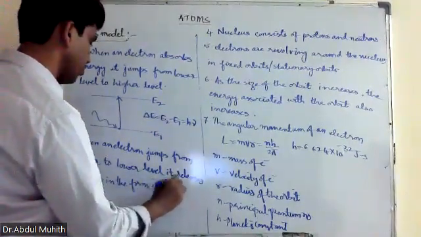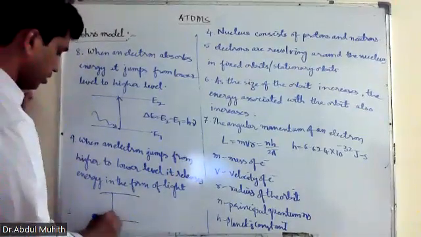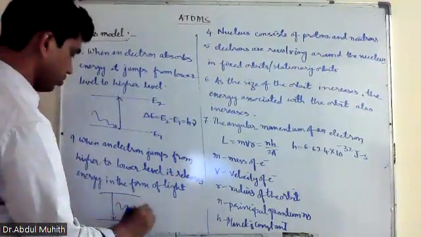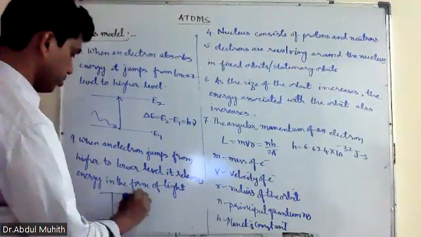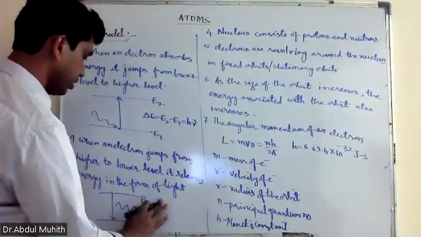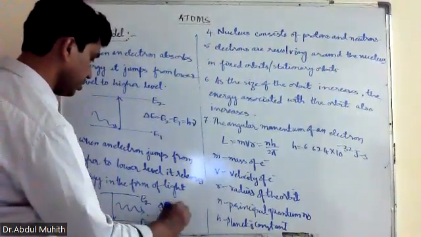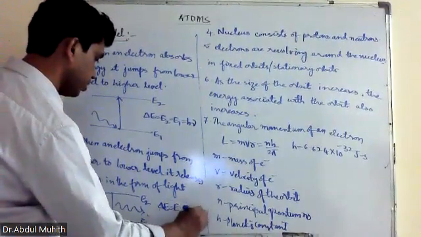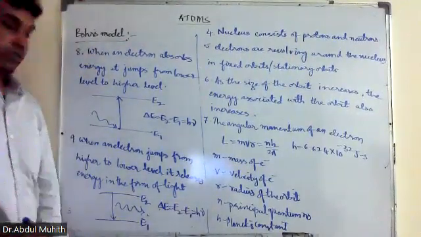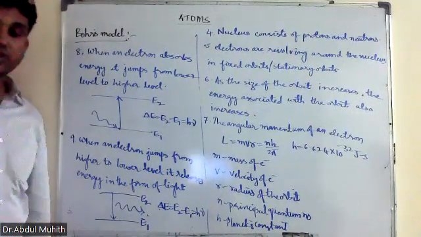So this is h nu, this is E2, this is E1. Delta E is equal to E2 minus E1, which is equal to h nu. So this much is the energy released. Clear?